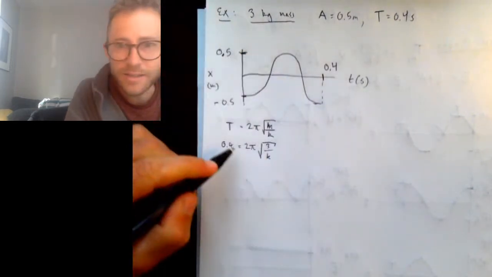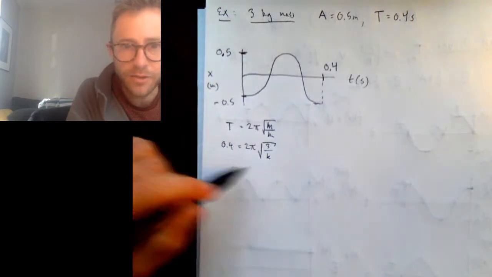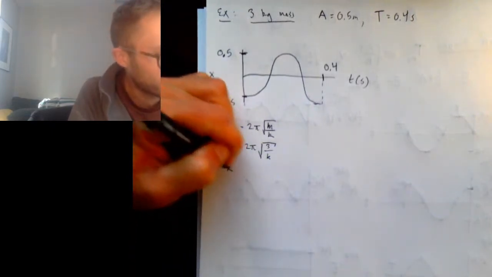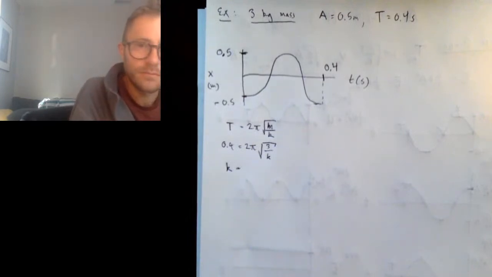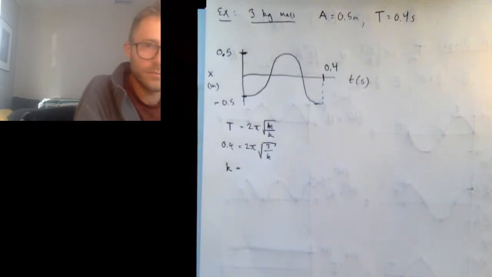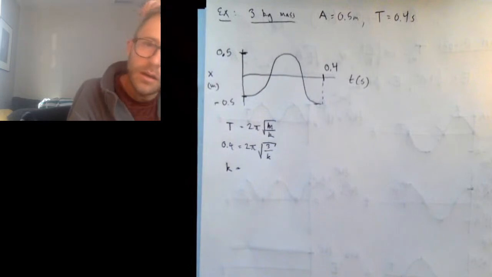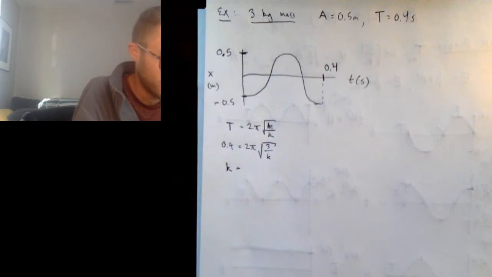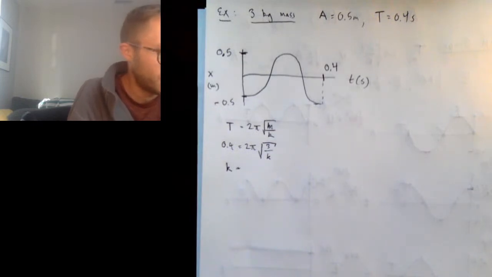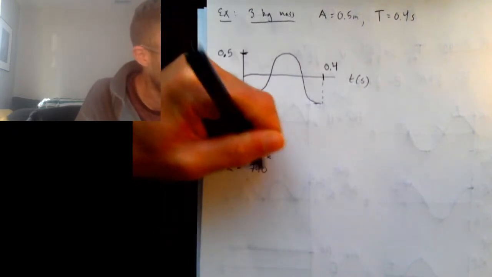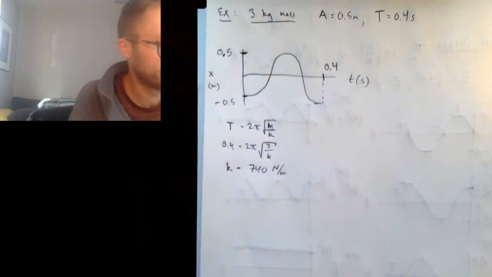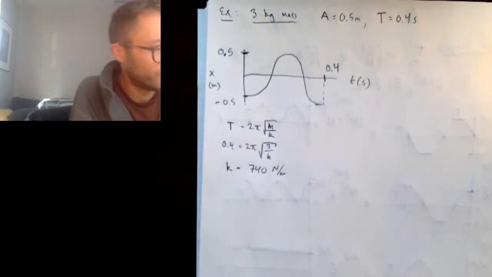So I can take this and solve for k. I'm not going to show the algebra, but you can. And so the k value is 740 newtons per meter. Okay, so I'm going to be using that.